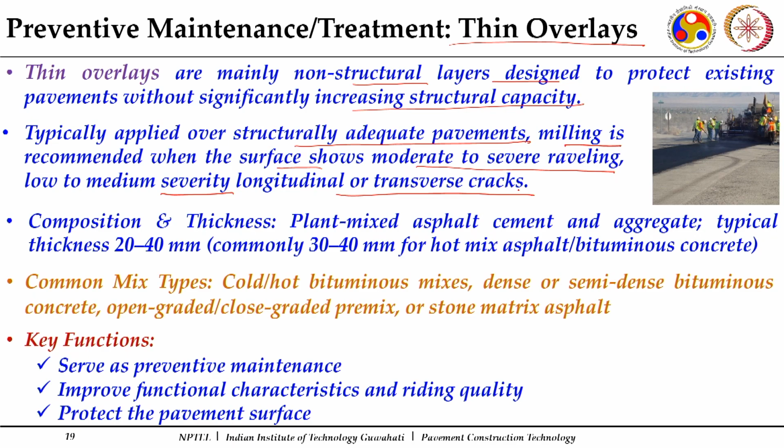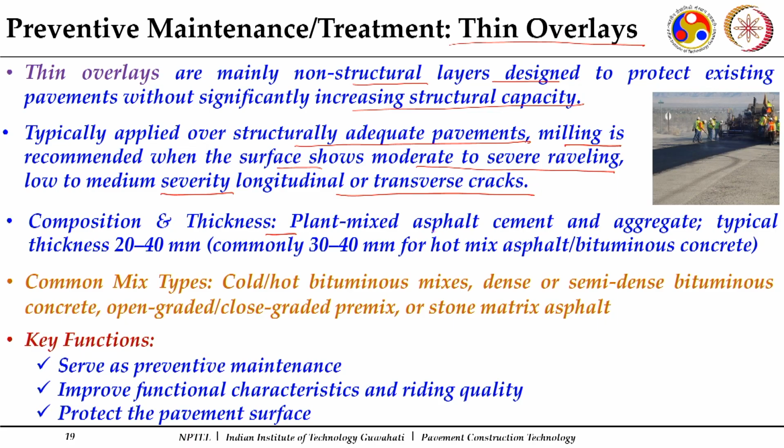Composition and thickness: normally plant mixed asphalt, cement and aggregate, with thickness typically 20 to 40 mm, commonly 30 to 40 mm for hot mix asphalt or bituminous concrete, but usually thin overlays means around 1 to 1.5 inches.